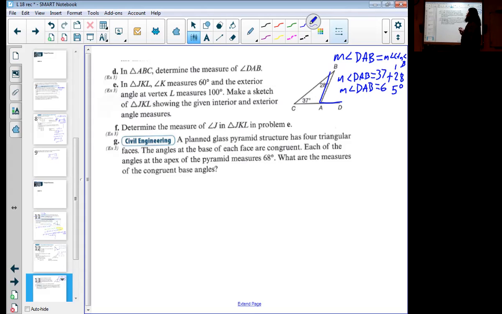So we have triangle JKL. Start off drawing J, K, L. So K is equal to 60 degrees. And then the exterior angle at L is 100 degrees.